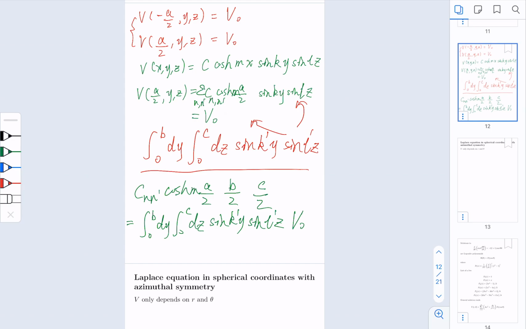And once you determine C n n prime using this trick, then the boundary condition is satisfied, and this expression is really the expression for this bulk system, and should be the final solution to our answer.